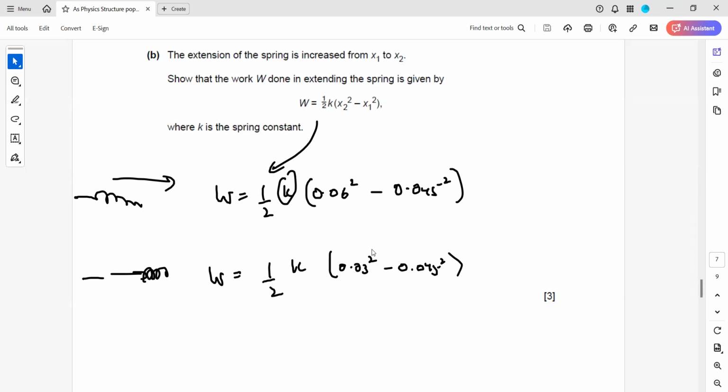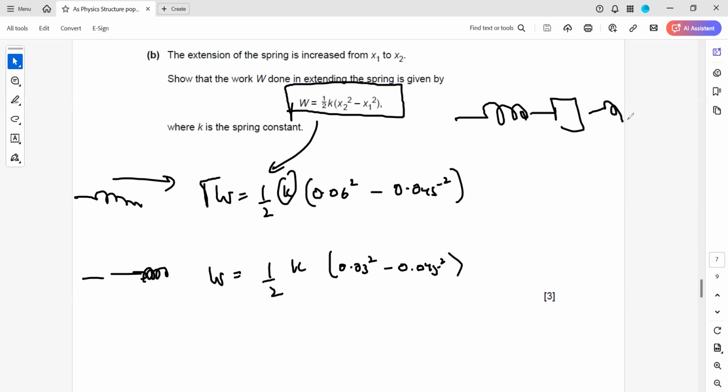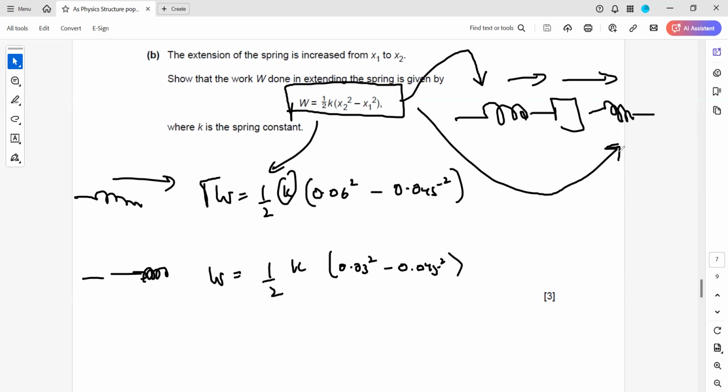Why am I doing it separately? Because this equation is the work done on each spring. One spring is being stretched, another spring is being compressed. I want to know how much energy is there in this system, so we use the same formula for how much it is extended and how much it is compressed. After working out the energy of one spring and the second spring, we'll add the two energies.